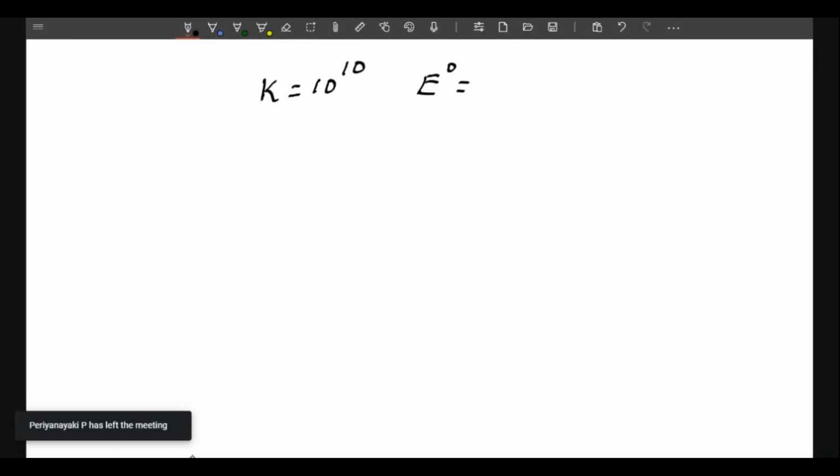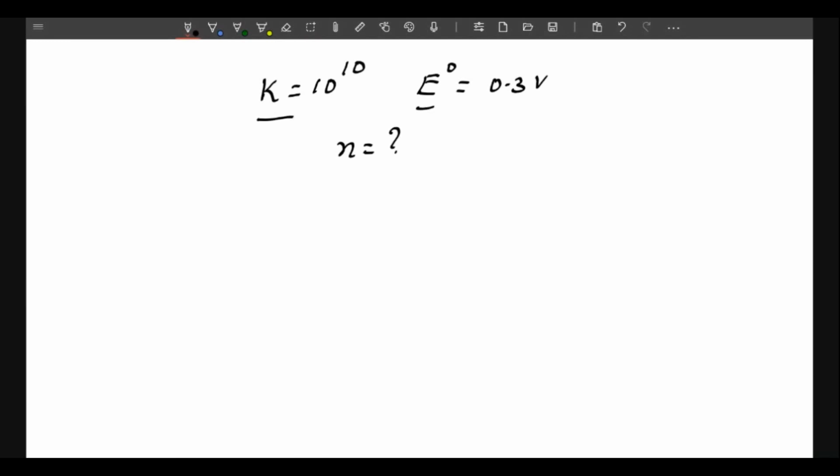What is given? The K value is given, K is equal to 10 power 10. Then what is given? E naught is given, E naught is equal to 0.3 volt. What is asked? How many electrons are involved? The K and E naught relationship we have studied. Log K, that is log 10 power 10, is equal to n E naught, 0.3, divided by 0.06.